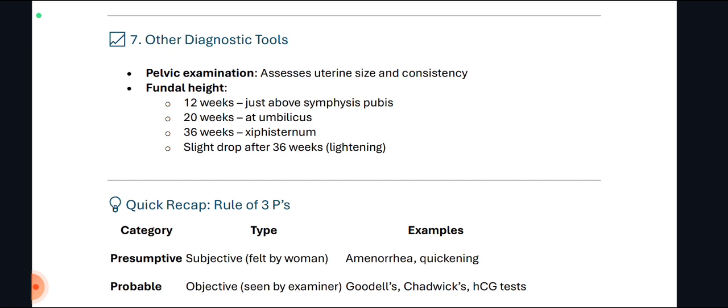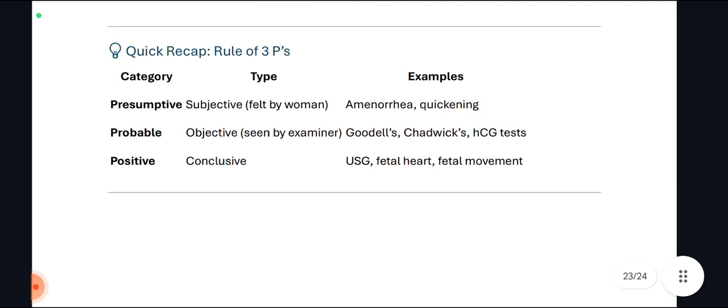After 36 weeks, when there is engagement of the fetal head, there is a slight drop in the fundal height. That is what is called lightening, and this is a welcome sign in pregnancy that the delivery will happen soon.